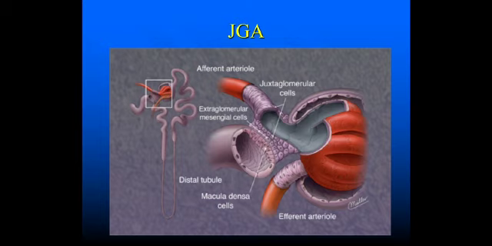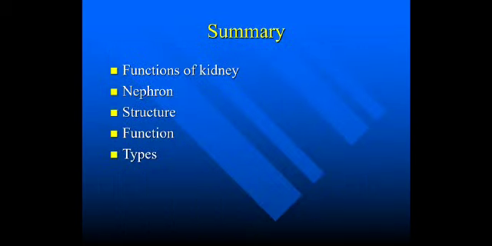So very important is the juxtaglomerular apparatus. The macula densa is a sodium sensor, whereas JG cells are formed by specialized myoepithelial cells of the afferent arteriole, and they secrete renin. So that's all about the functions of the kidney.